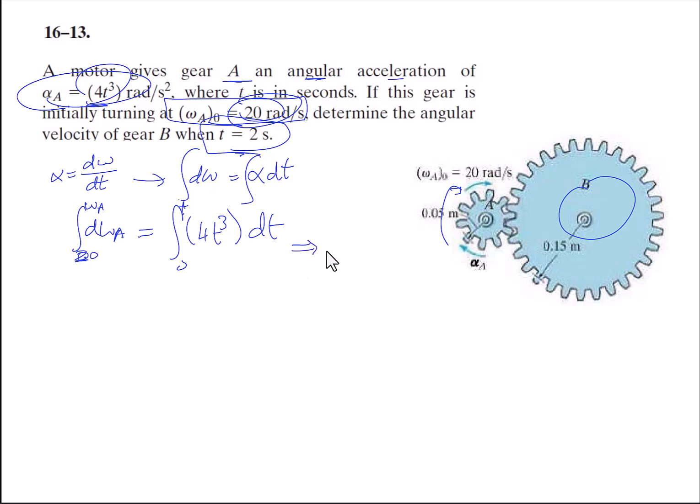This will give us that omega A is t to the fourth plus 20 with this constant evaluated.